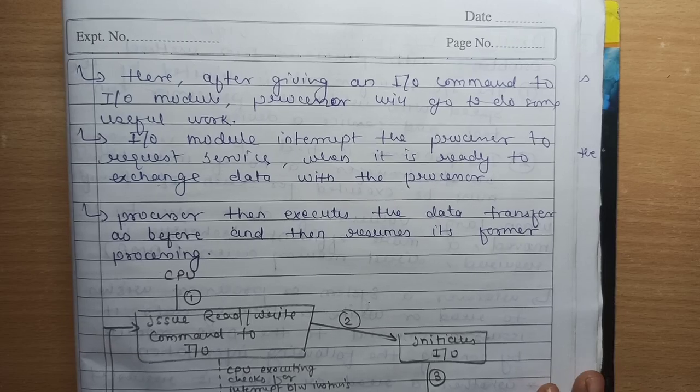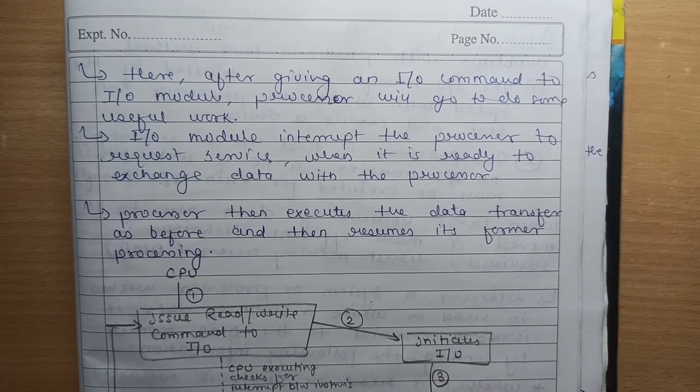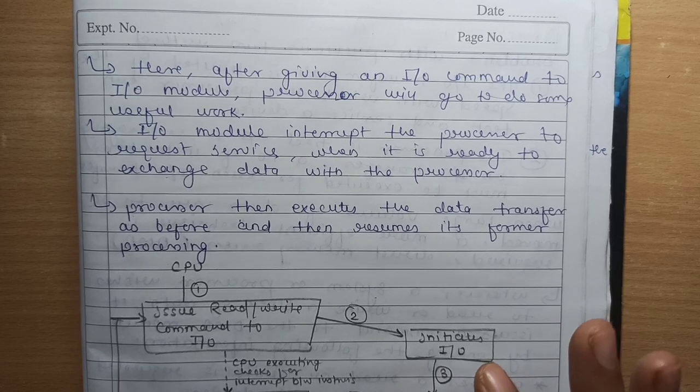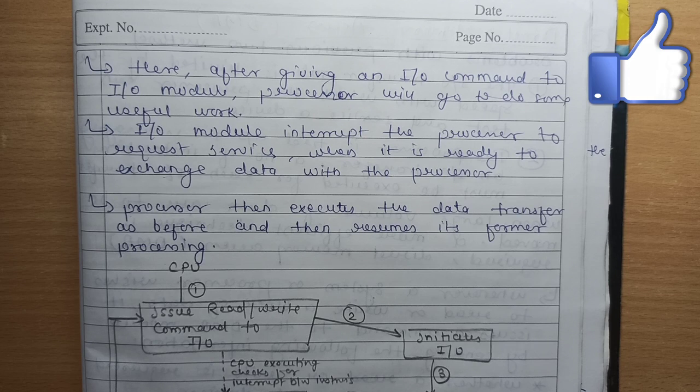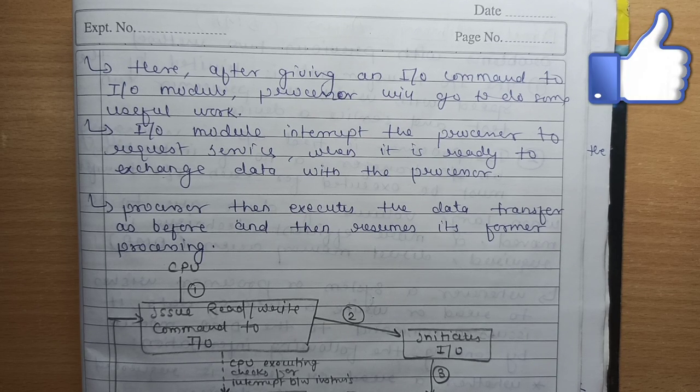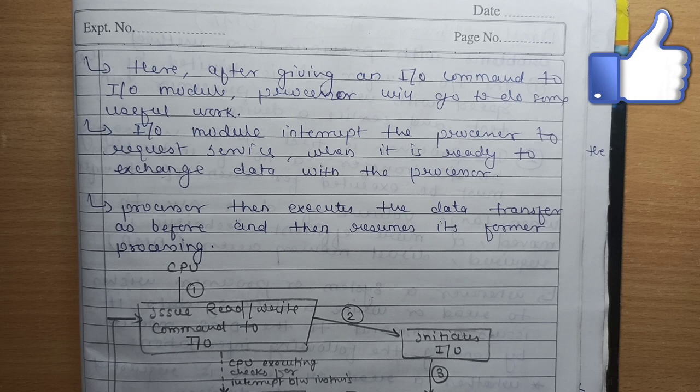Once the processor issues an IO command to any IO module, the processor will not check the status of the input output device. It will go to perform any other task, or it will execute the next instruction if it is not dependent on the last instruction, right?